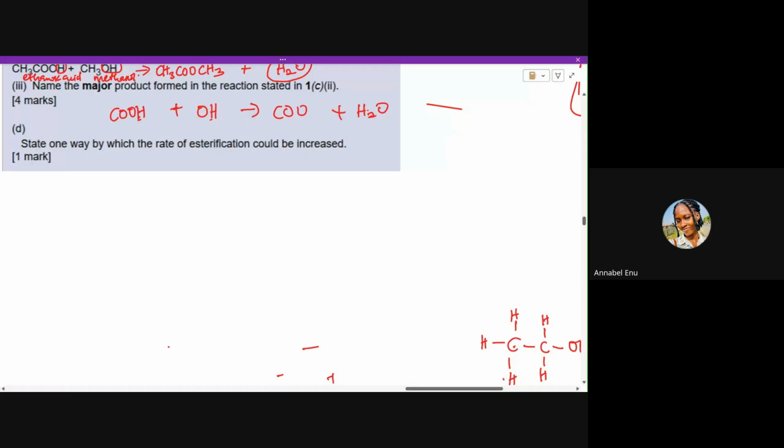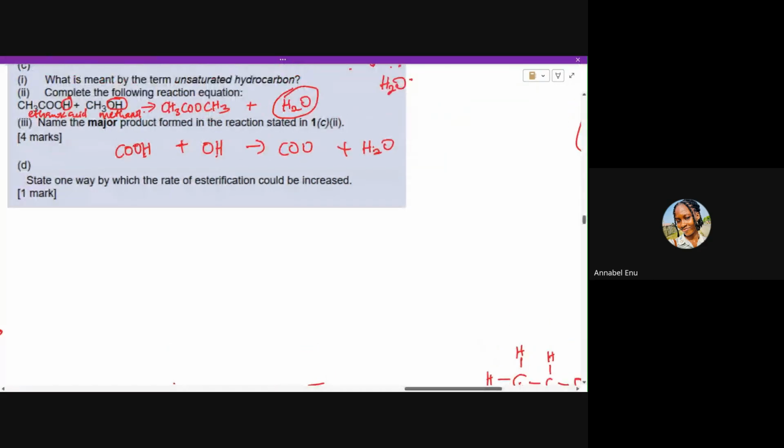So let me rewrite it again. This is the compound we got when we do this, okay? So we have CH3COOCH3. Now, how do we know the name of this ester?